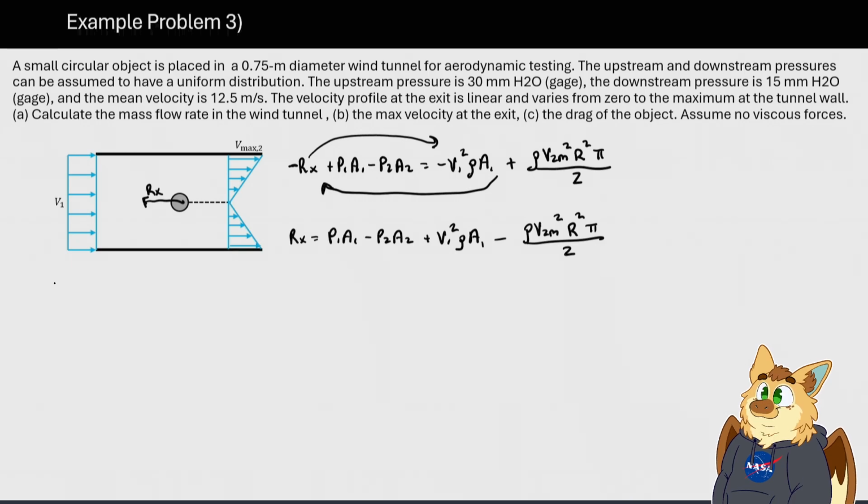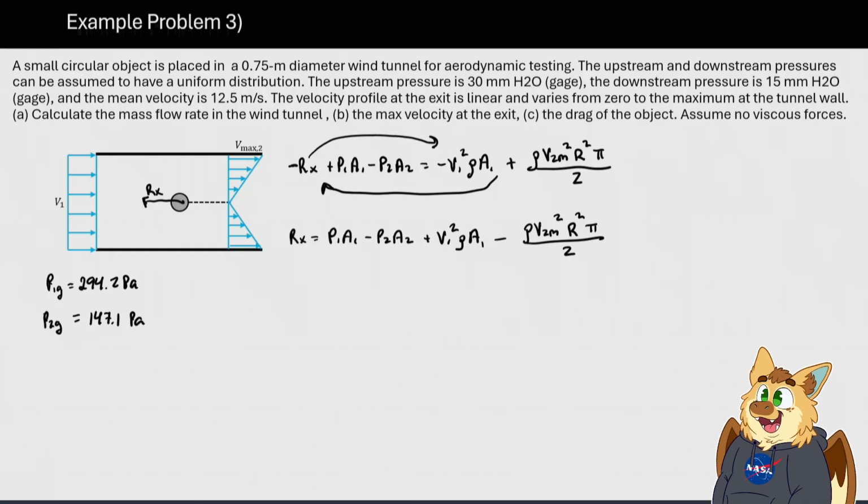So now we have to convert, unfortunately, P1 gauge, which is 30 millimeters of H2O, which is going to be equal to 294.2 pascals. And then we have our gauge pressure at our exit, which will be 15 millimeters of water, and that'll be 147.1 pascals, just like that.